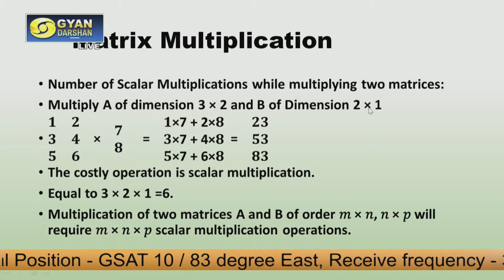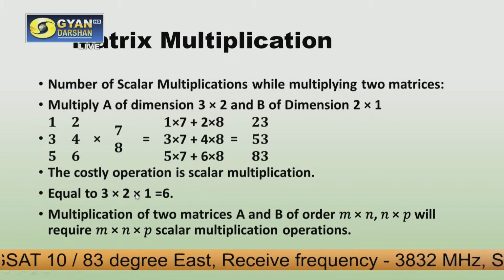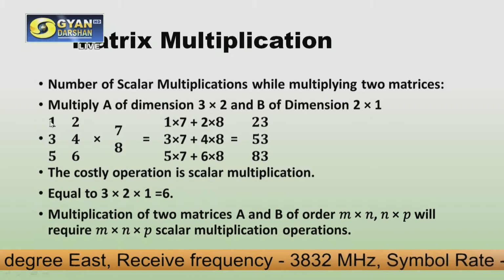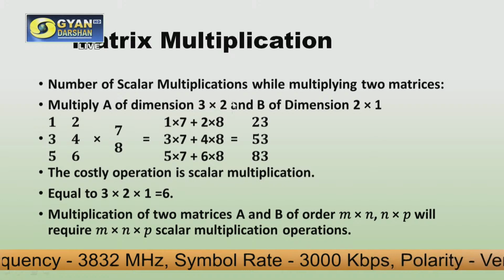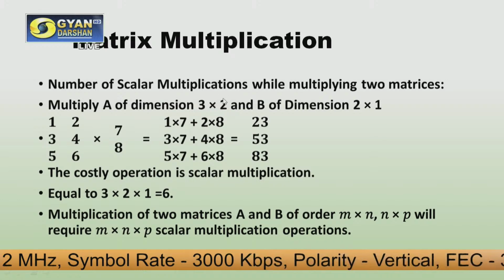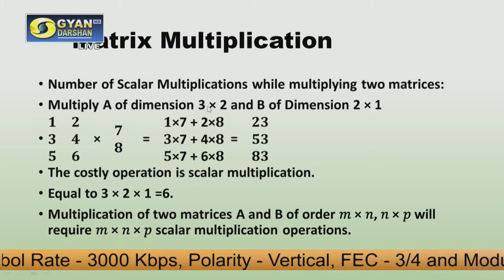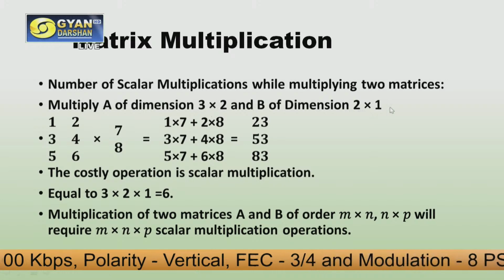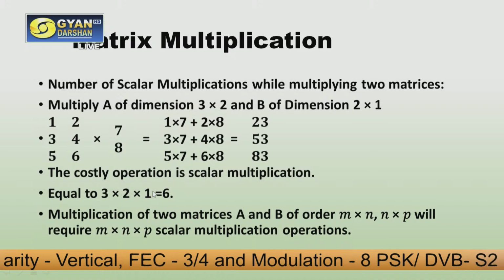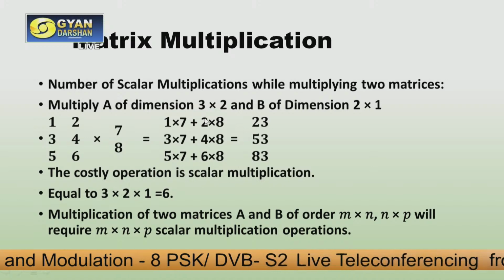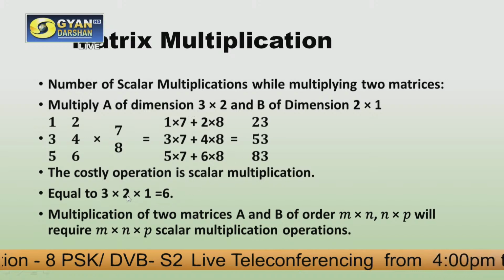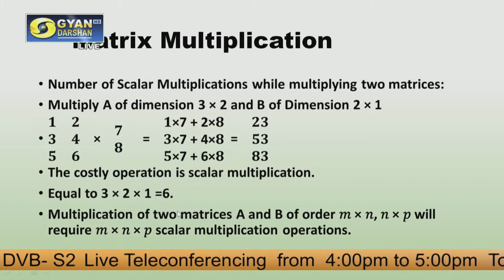So 3 into 1 has to be there in any case, and in each one we have 2 such multiplications, which is the same as this particular number. So in effect we have 3 into 2 into 1. That is the total number of multiplications, and that is what is going to determine our complexity. So in this particular case, it turns out to be 6.